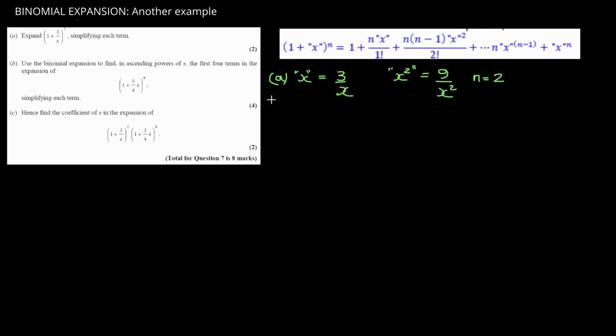Using the formula, 1 plus 3 over x, squared, is equal to 1 plus 2 times 3 over x, divided by 1, which I'm not going to bother with, plus 2, 1, and then 'x' squared, well, we've done this one already, 9 over x squared, divided by 2 factorial, which is 2 times 1, which is 2.